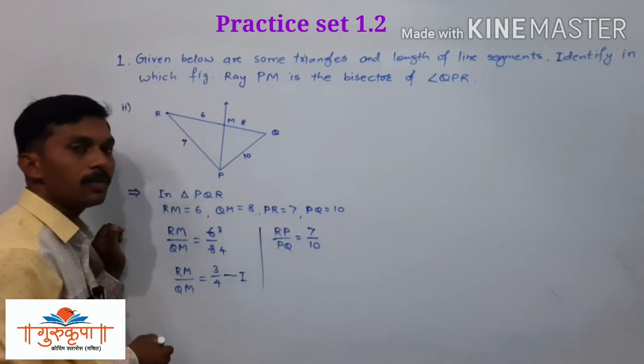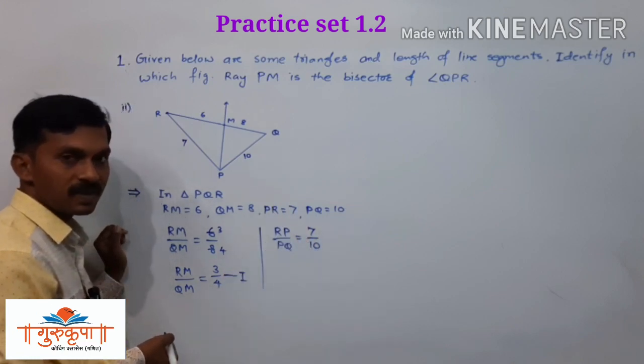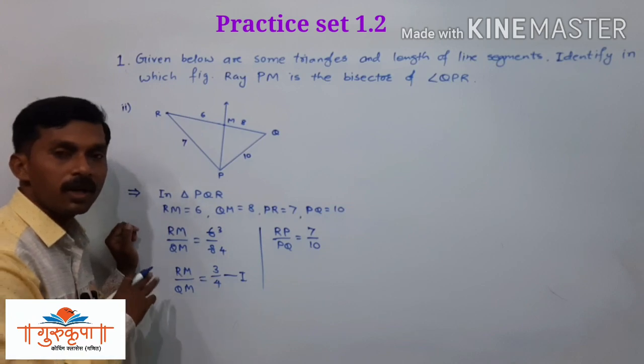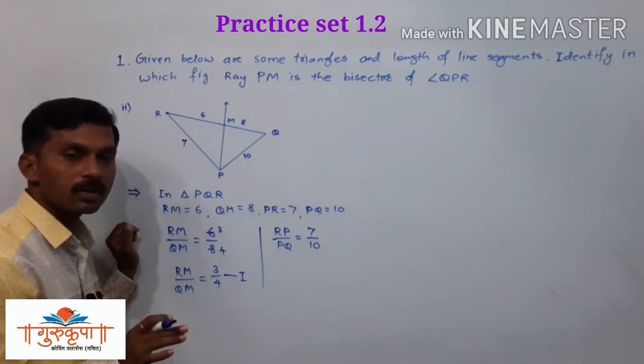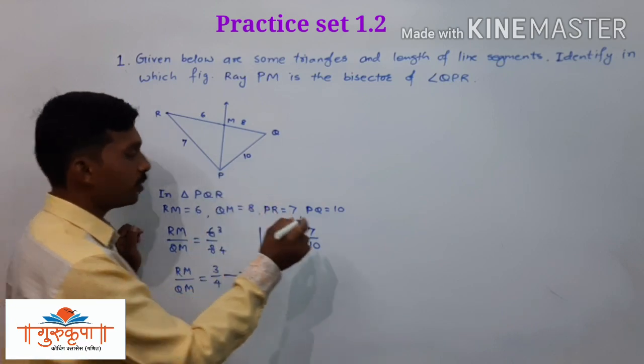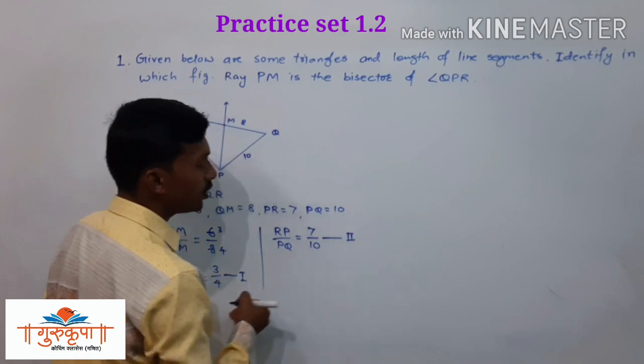And see, this is the simplest form of the ratio, we cannot simplify it again, since 7 and 10 are not both divisible by any other number than 1, and if we divide by 1 you will get the same ratio. So we will represent it as equation 2.